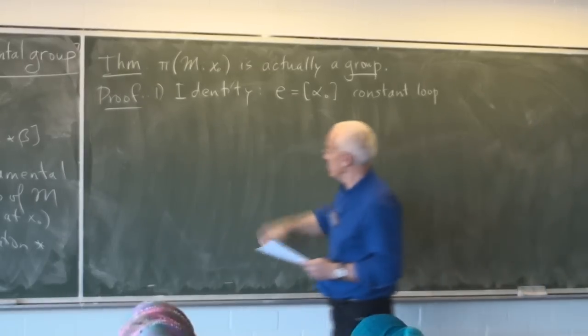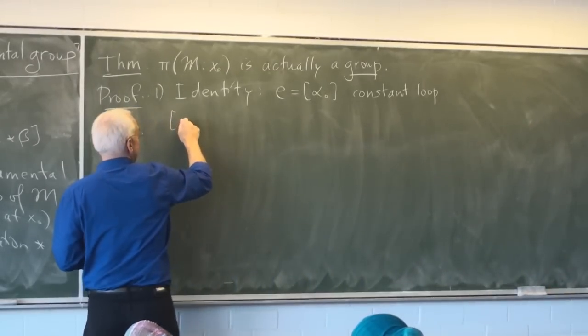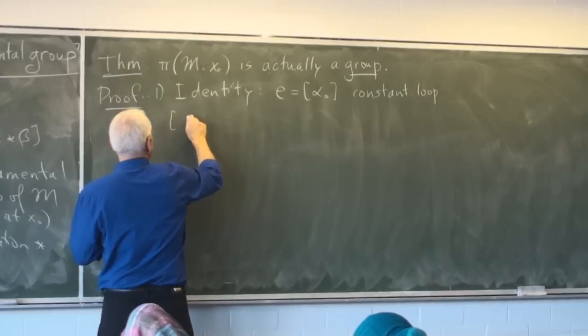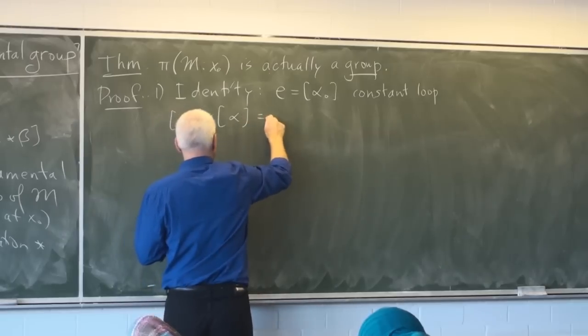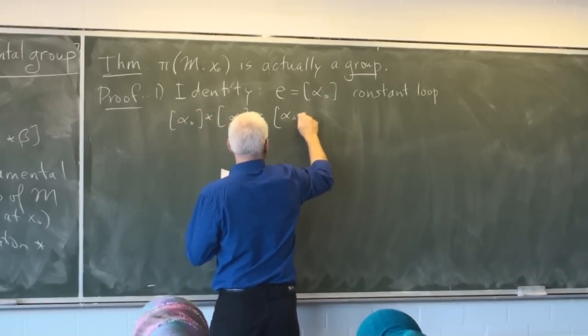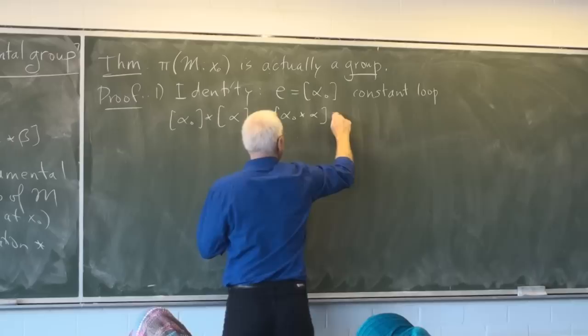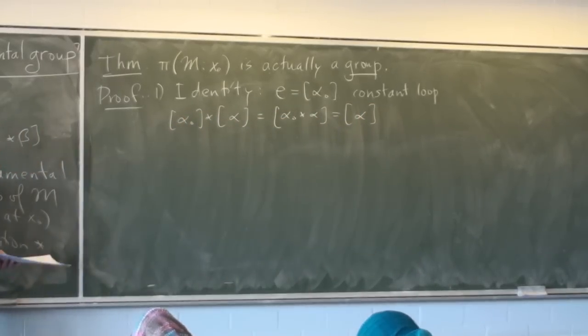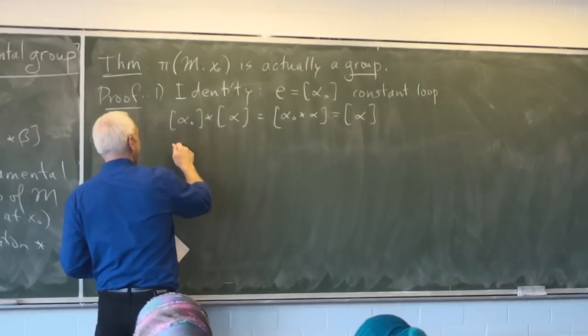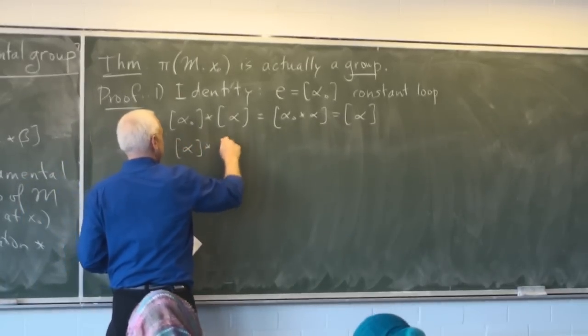And what we need to do is prove that if we take this alpha 0 and multiply it by any alpha, so that's alpha 0 times alpha, that we get back alpha. And we also need to check the same the other way around.